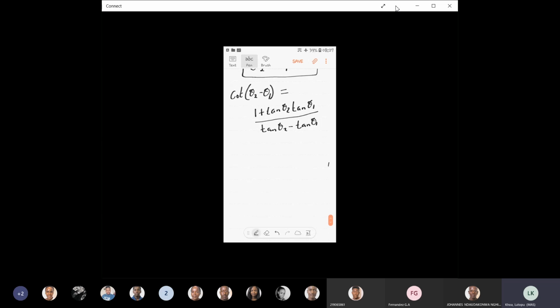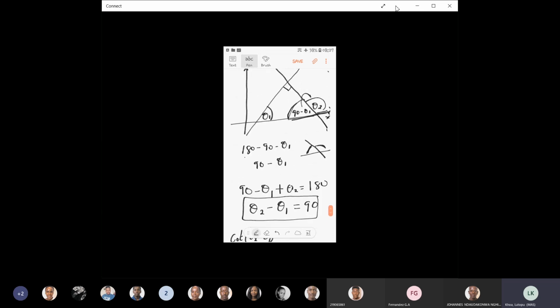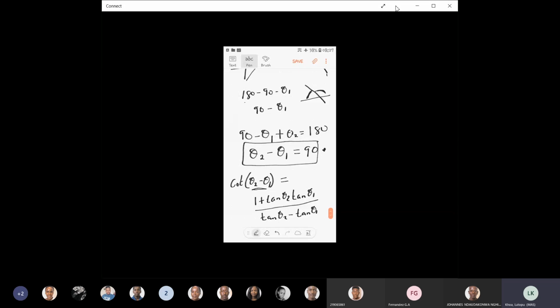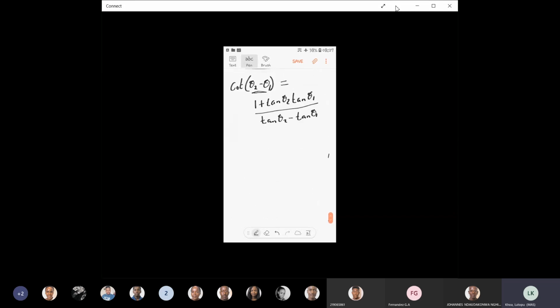Okay, but then we also know that theta 2 minus theta 1 is equal to 90. We have it over here. And cot of 90 is equal to 0. So this is equal to 0. So theta 2 minus theta 1 is equal to 90, but I can expand it using my identities, and the answer must be equal to 0.